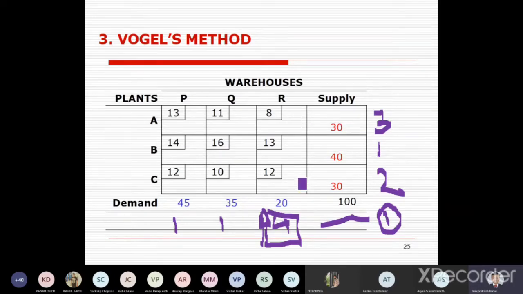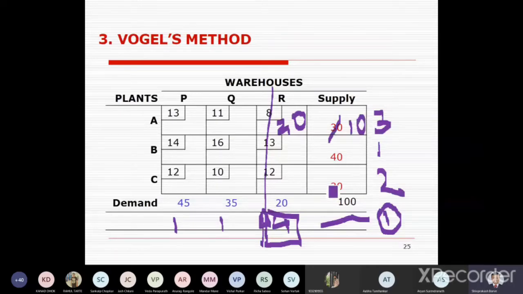So here check which is the minimum of supply and demand. The minimum is 20. Allocate 20 here. Once 20 is allocated, don't consider this column for the next iteration, and the remaining supply capacity here is 10.